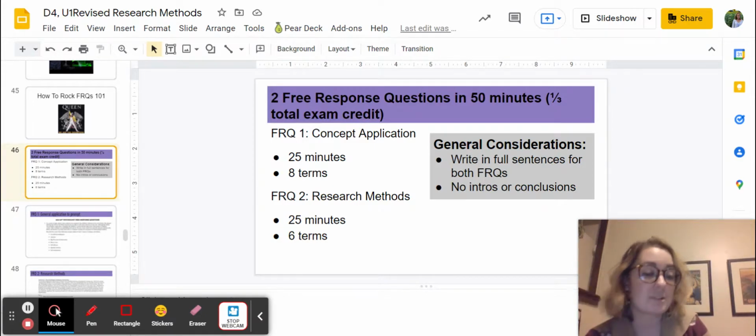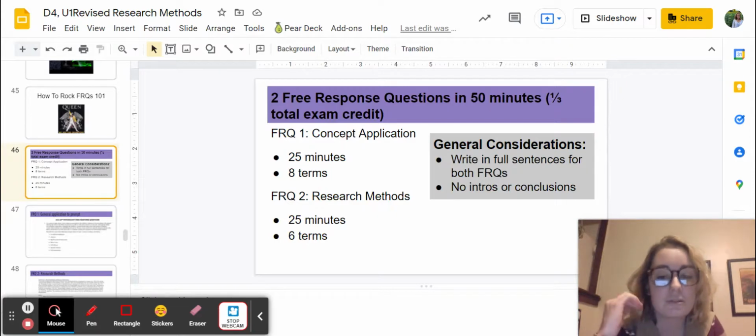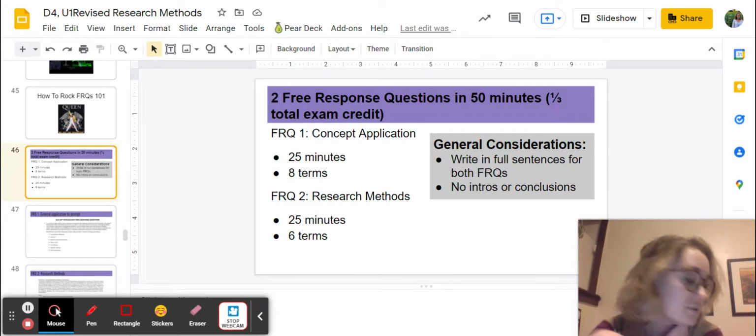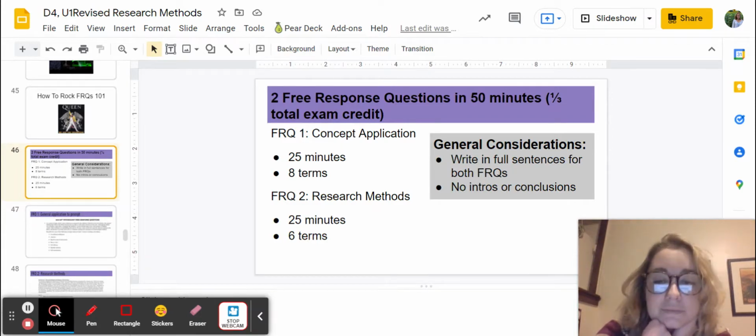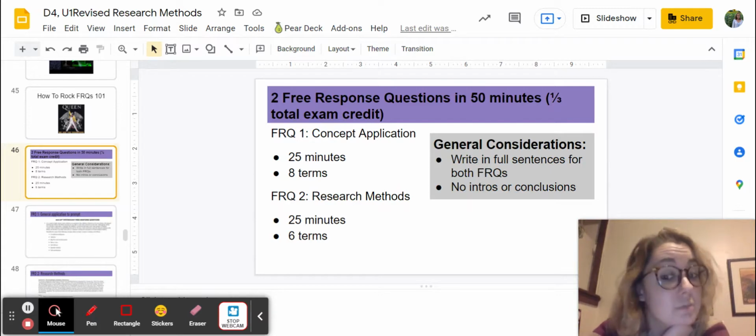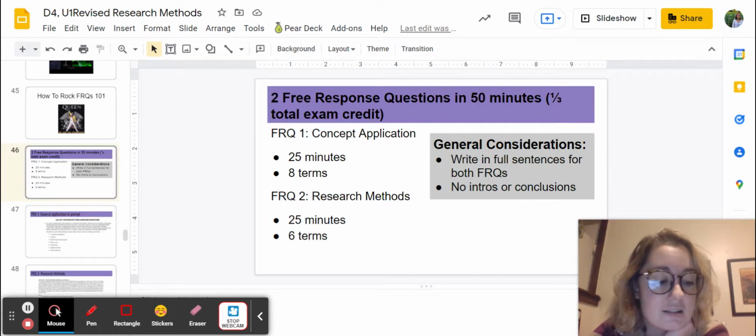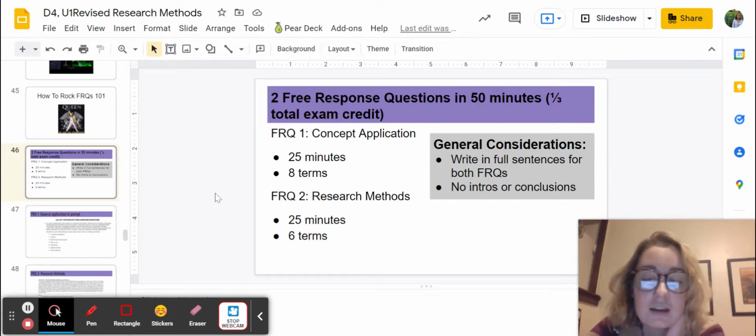You have to do things like operationally define the variables. You have to talk about what the control or experimental group is. So different things like, is this an experiment? What kind of research method is it? So these are the two types. That's why I spend so much of this unit talking about research methods, because we can guarantee that there is going to be an FRQ on research methods.